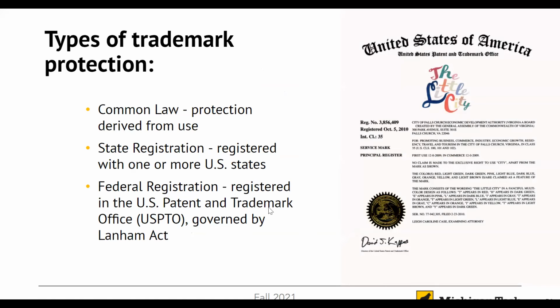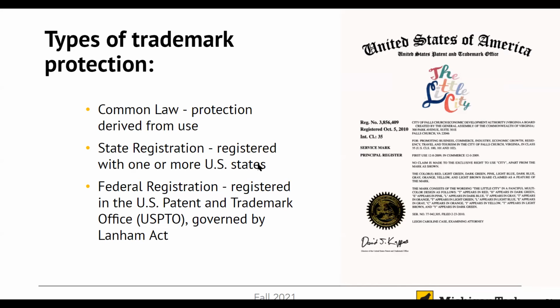If somebody else, your next door business neighbor, starts using something very similar, there's a possibility that you could successfully sue them. But having a registered trademark on the state or federal level means that the law has recognized that this is your trademark. Under common law protection, you need to prove that.